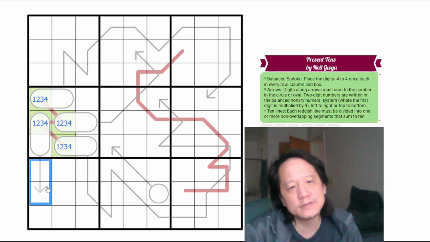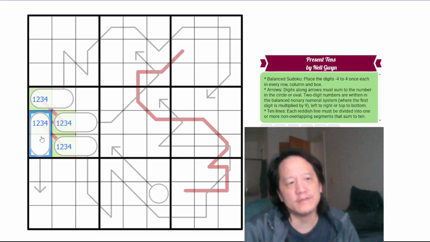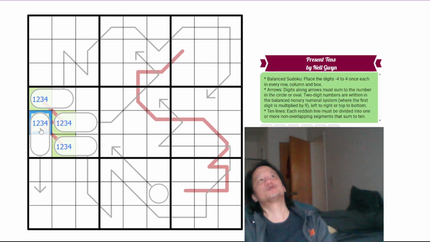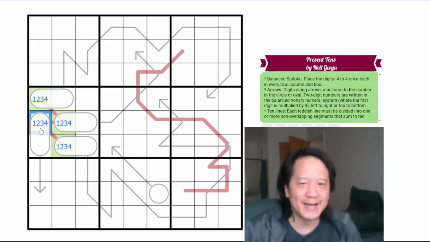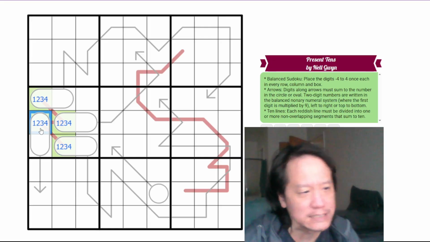That means, okay, so this is the sum of 2 digits, and the first part must be multiplied by 9. Ew.